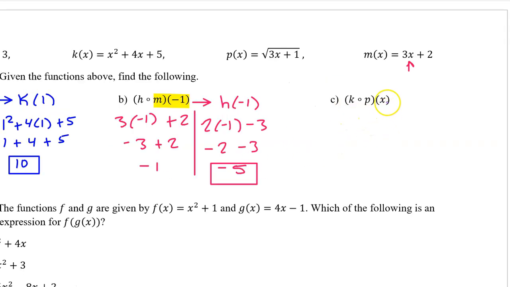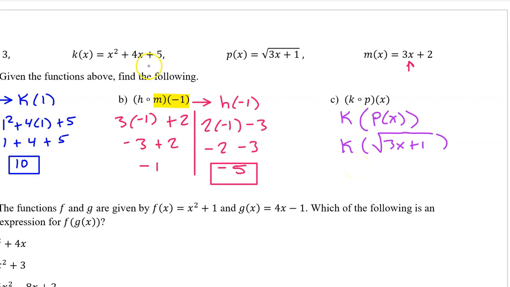For part C, because we have an x and not a number here, we're going to get an expression and not a numerical answer. So this means the same thing as k of p of x. So p of x is this expression. So we're doing k of the square root of 3x plus 1.